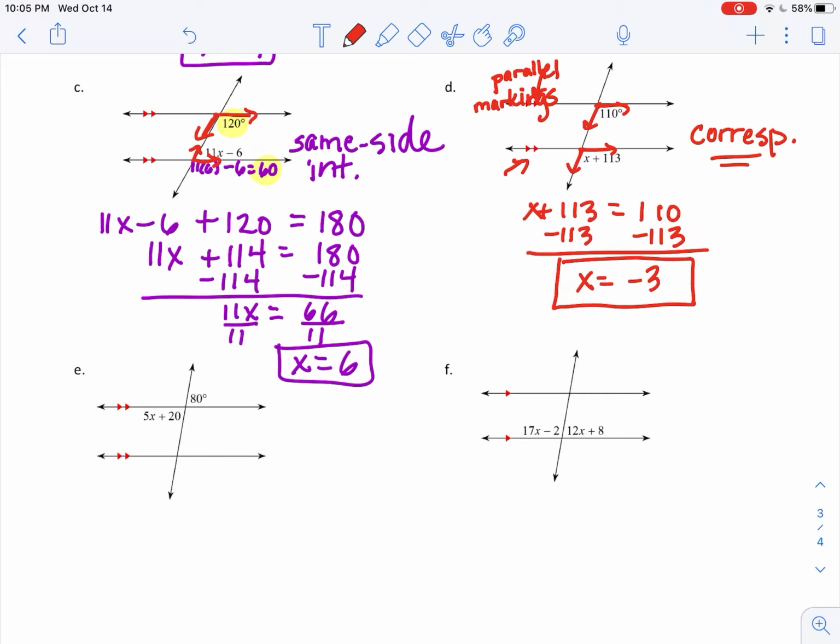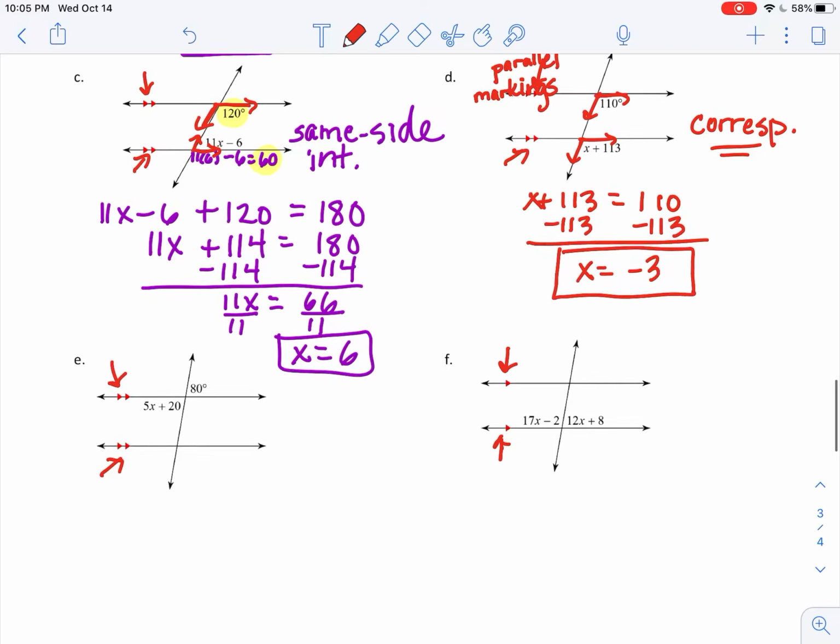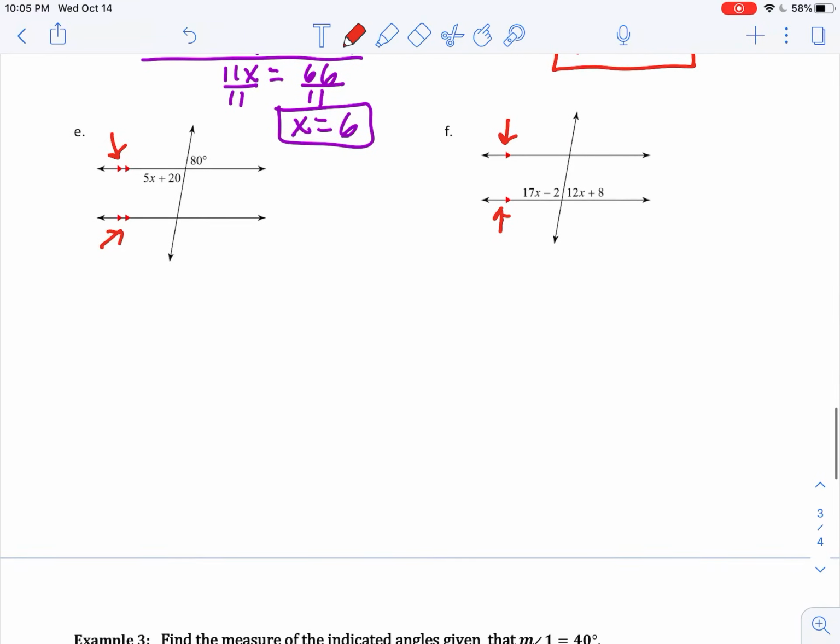So the relationships we're working with depend on the fact that we have parallel lines. And every single one of these problems has that extra set of arrows in the middle, right? I'm pointing to them now. So even if it's just a single arrow, it's that extra set that's not on the ends that tells you you have parallel lines.